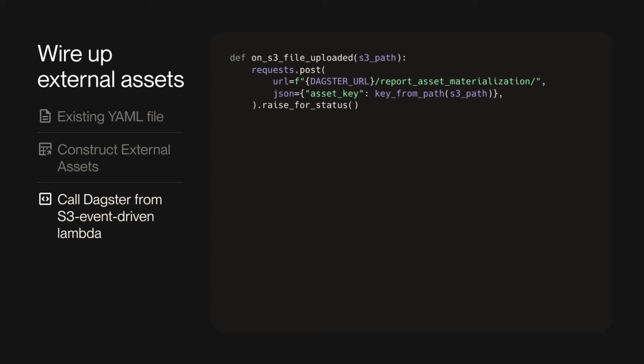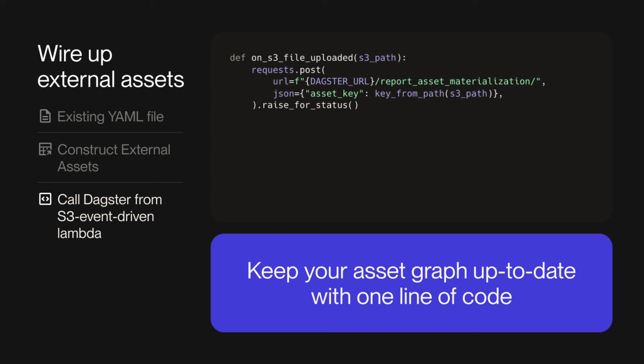We hook into S3 event notifications and set it up so that every time there's a write into the S3 data lake, it calls back within a Lambda to this function. And this function says, hey, this S3 path was written. We post that with a request call to our Dagster installation, and then all of a sudden, boom, one line of code, you have a single pane of glass for your entire platform.